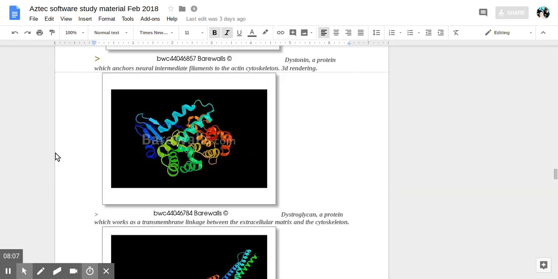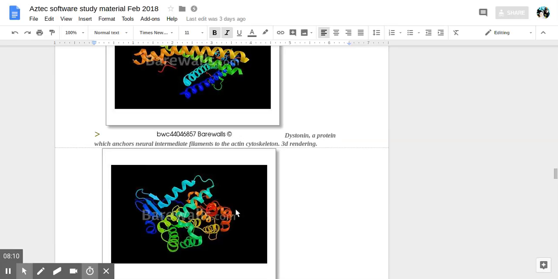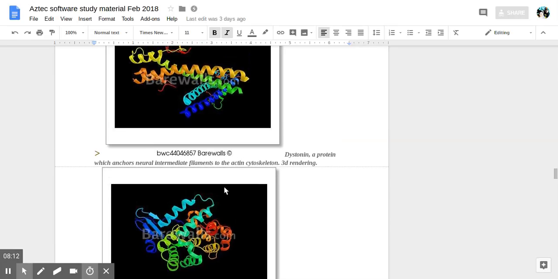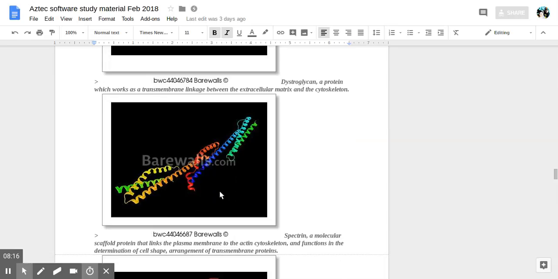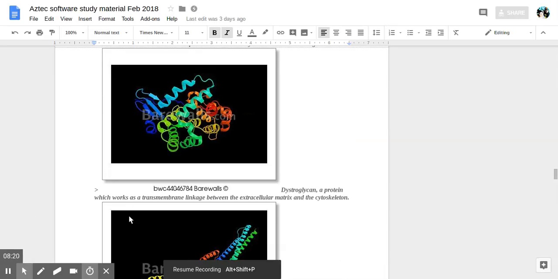That's dystonin. This is dystroglycan, a protein which works as a transmembrane linkage between the extracellular matrix and the cytoskeleton.